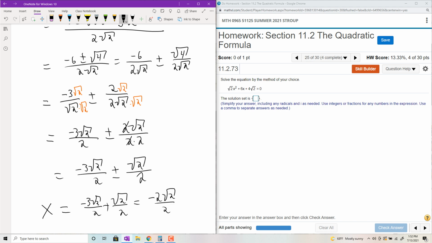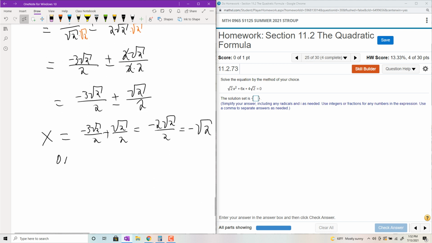Just combine the numerators over the common denominator. Negative 3 root 2 plus root 2 is negative 2 root 2's. So that'll be negative root 2. Or x is negative 3 root 2 over 2 minus root 2 over 2. So negative 3 root 2's minus 1 root 2 is negative 4 root 2 over 2, which of course is negative 2 root 2. Ugh.